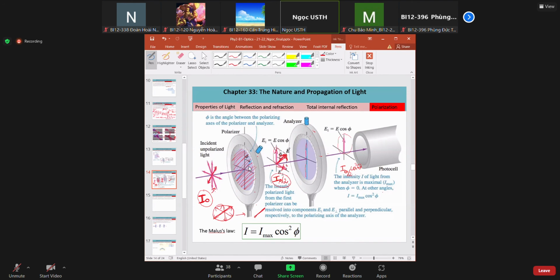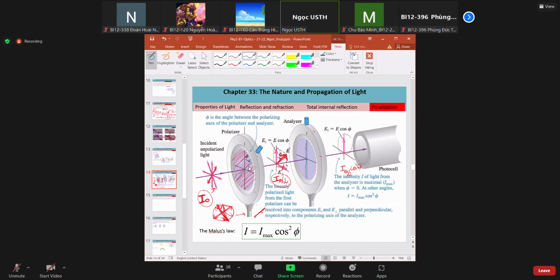My question is, how about this direction? Can it get through the polarizer or not? No, a part of it can get through. Only the one that's perpendicular to it can't get through.